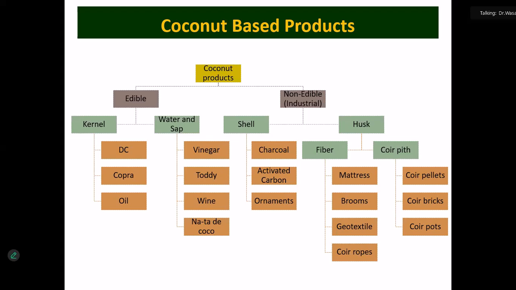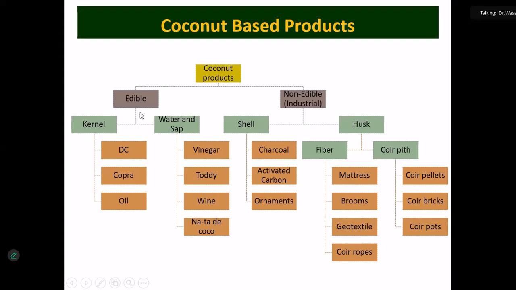Non-edible means it cannot be eaten, that means it is an industrial product, an industrial raw material. So coconut products are divided into two parts, edible and non-edible.